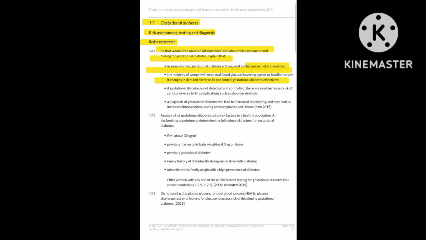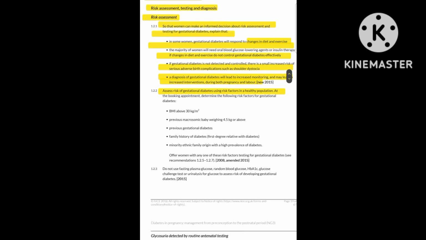If gestational diabetes is not detected and controlled, there is a small increased risk of serious adverse birth complications such as shoulder dystocia. A diagnosis of gestational diabetes will lead to increased monitoring and increased interventions during both pregnancy and labor. Assess risk of gestational diabetes using risk factors in a healthy population.